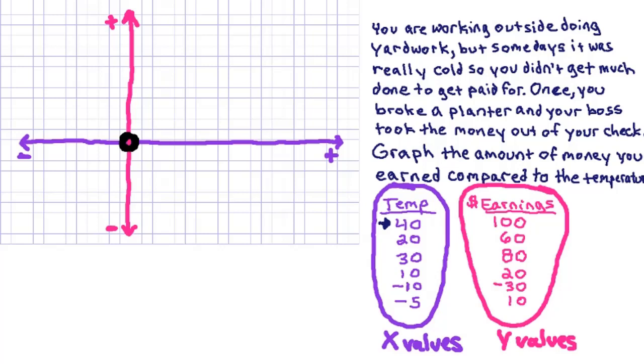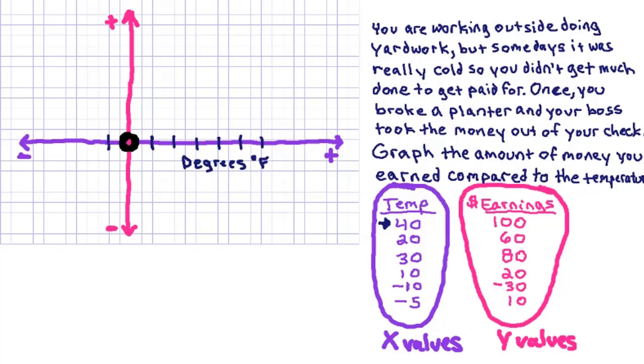So let's make some little marks for temperature. So here would be 10 degrees, 20 degrees, 30 degrees, 40 degrees, 50 degrees, 60 degrees. So we're going to put here, to mark your x-axis, degrees Fahrenheit.